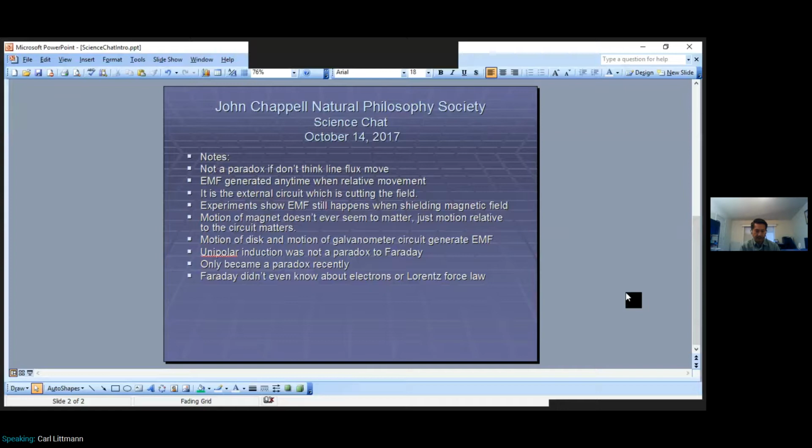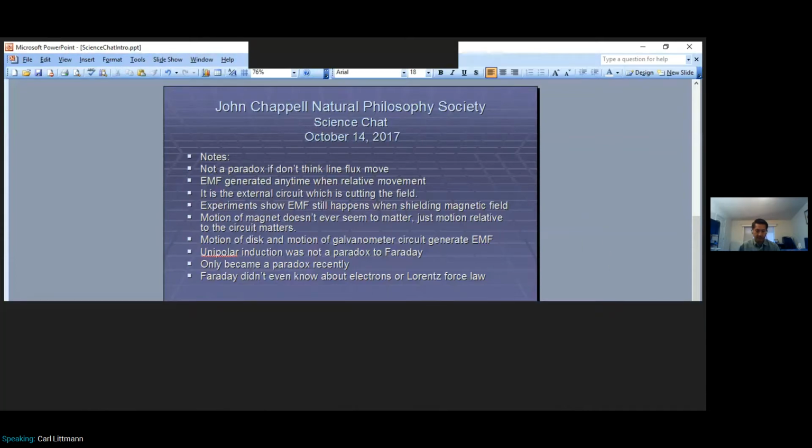But if the lower one is moving in the opposite direction at minus 1 mile per hour, and the upper one is turning the other direction at plus 1 mile an hour, then again there is a 2 mile an hour difference between the electrons in the top and the bottom.